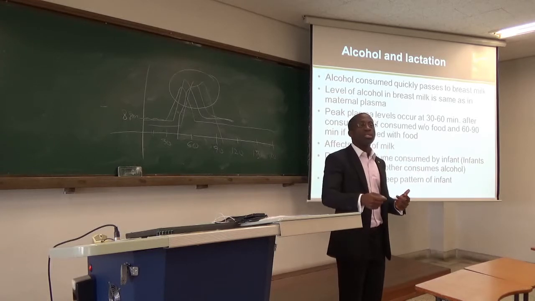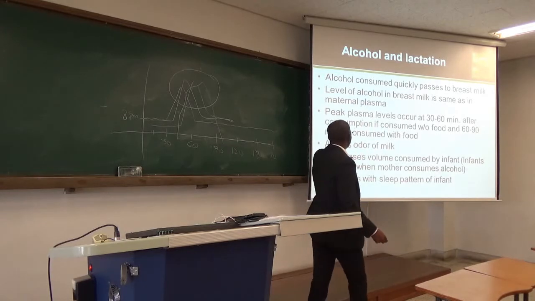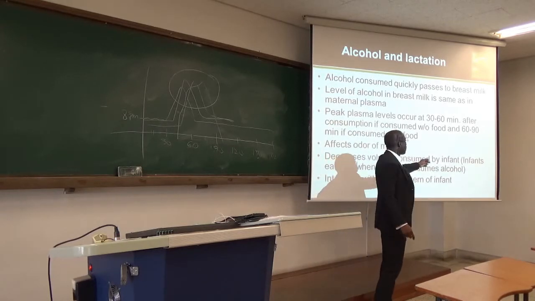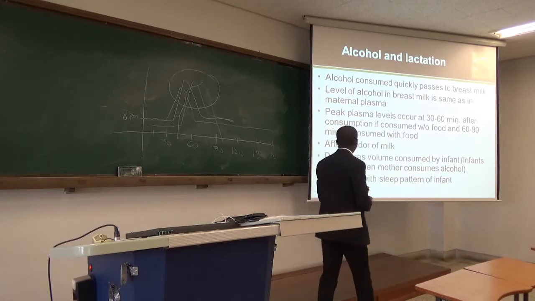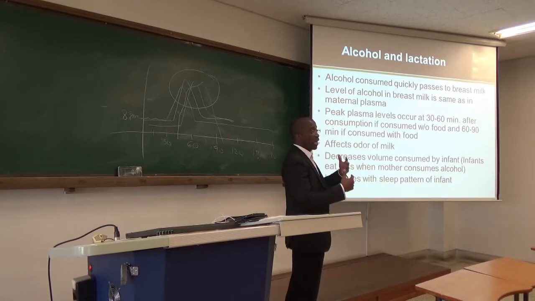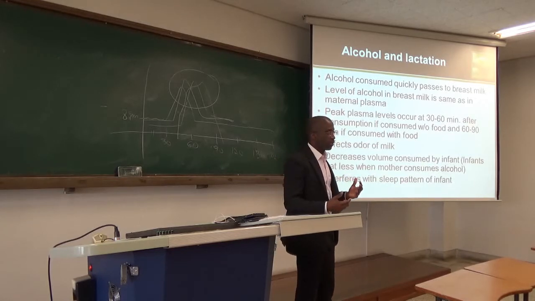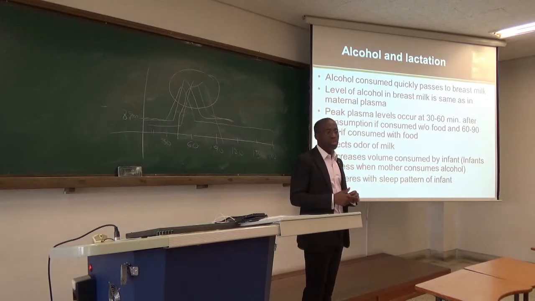Exactly. Because alcohol is going to decrease the volume consumed by the baby. Volume of what? Of milk. Because we're talking about lactation here, right? And also that may change, like I told you, the sleeping pattern of the baby.